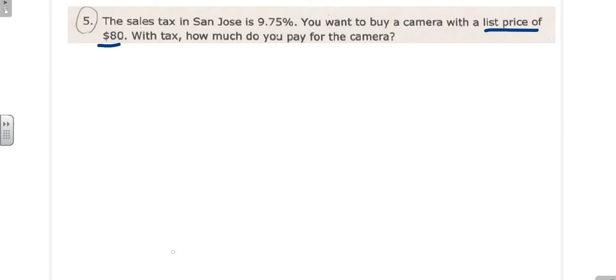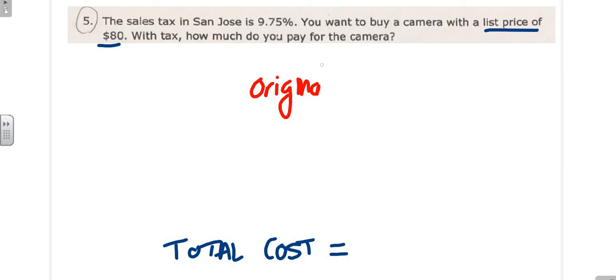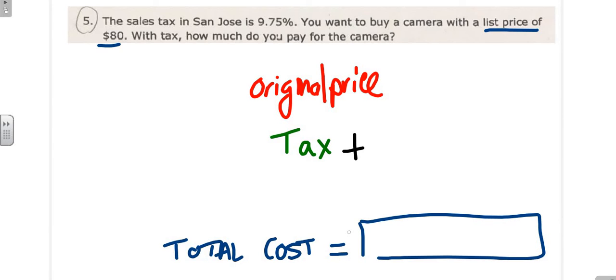So the total cost, when we talk about something that has total cost, where there's tax, what it includes is the original price plus the tax. And those two together get you the total cost. So here, our original price, also called the list price, is $80.